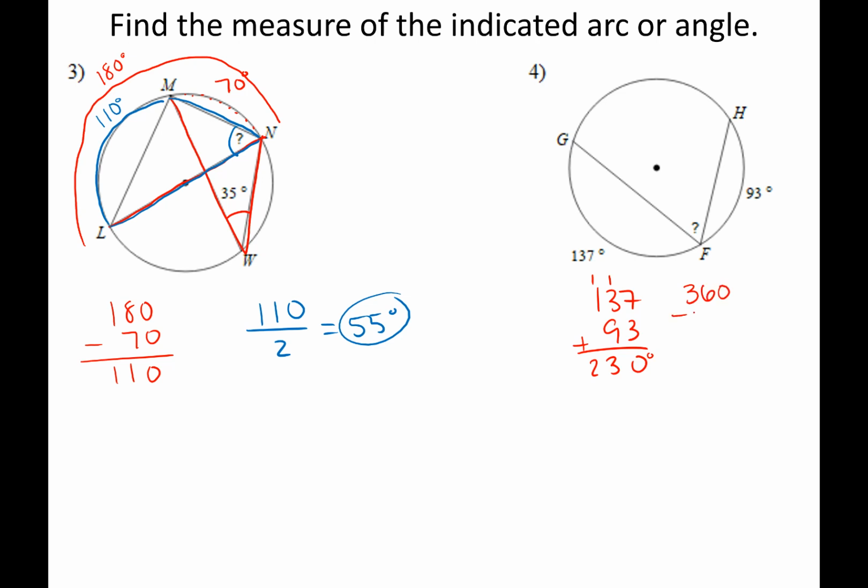So if I take 360 and subtract the 230 that I know, I get 130 left over. That means this leftover arc right here has to be 130 degrees. Then if I divide it by 2 to get back to the angle, I get 65 degrees. So again, take the 130 and divide it by 2, we get 65 degrees.